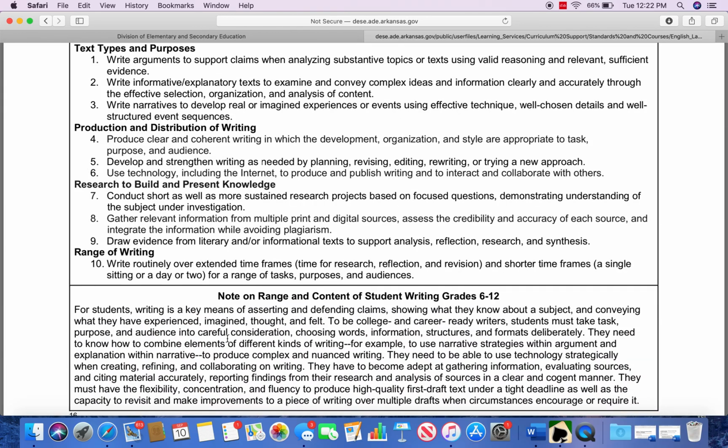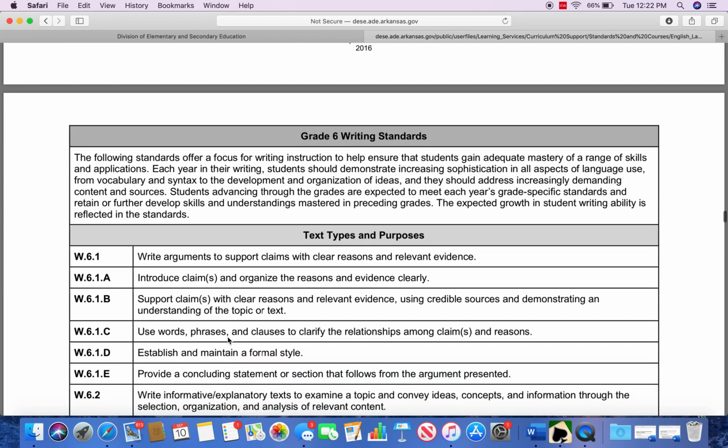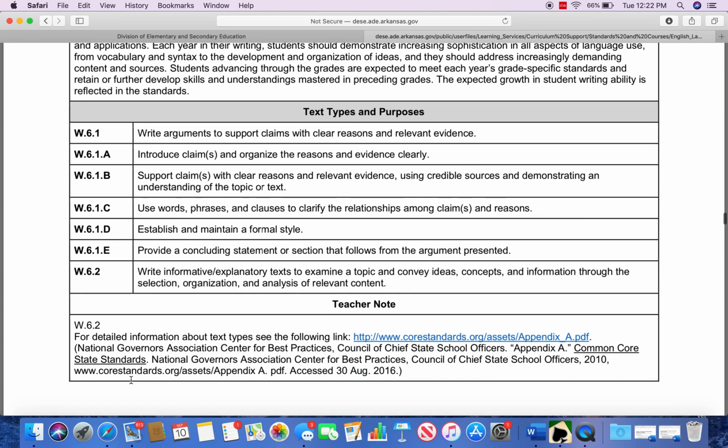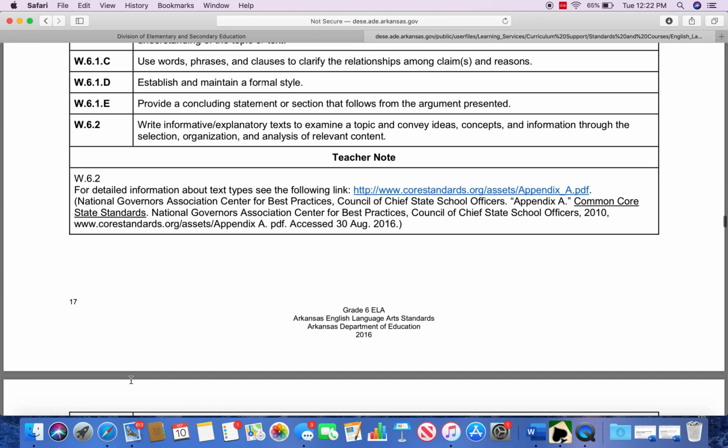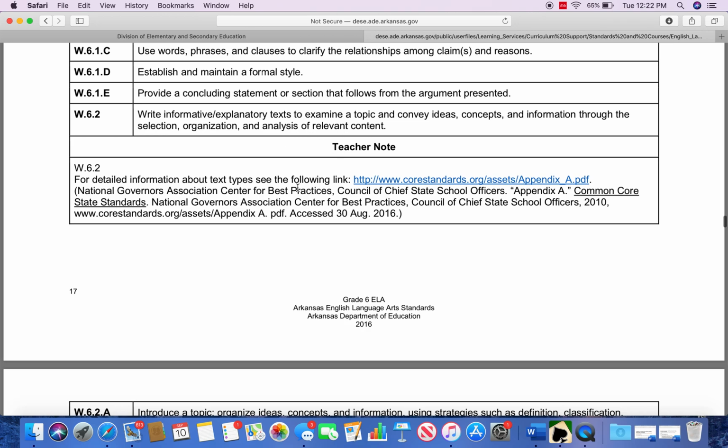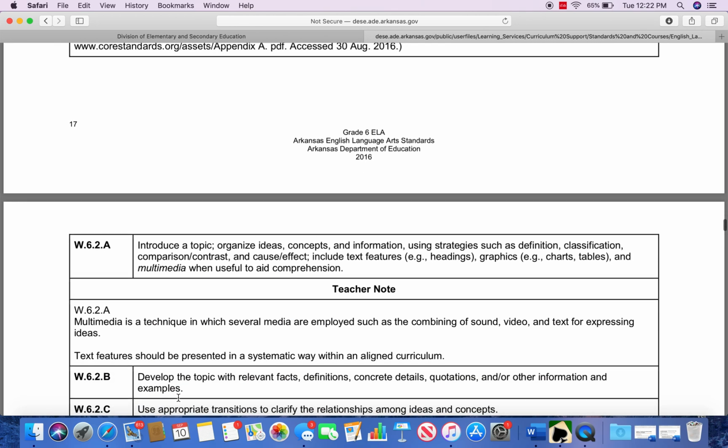So you can teach that, you can practice that, give them activities so that they can go in and interpret the meanings of certain words and so forth. And then you could have them begin writing. Write an informative explanatory text.